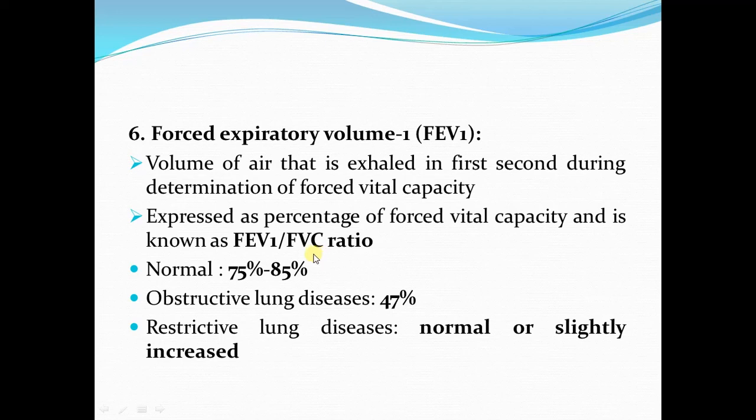Normal ratio is 75% to 85%, which means that 75 to 85% of the air is exhaled in the first second during measurement of forced vital capacity. FEV1 to FVC ratio is markedly decreased in obstructive lung diseases and can be as low as 47%.